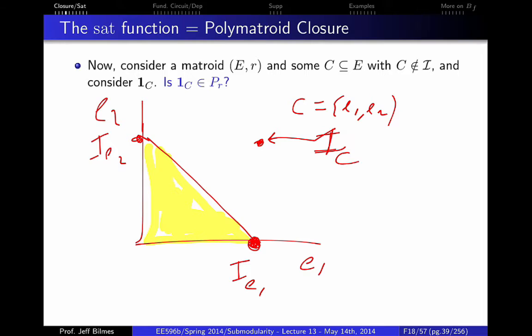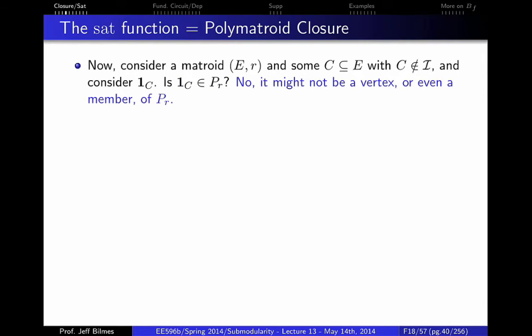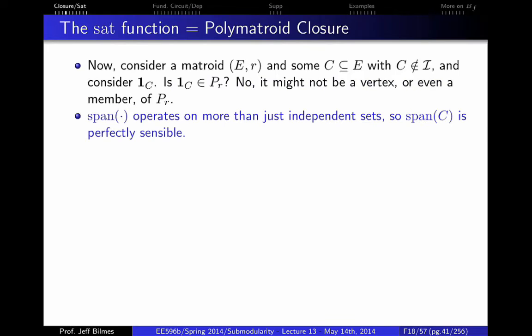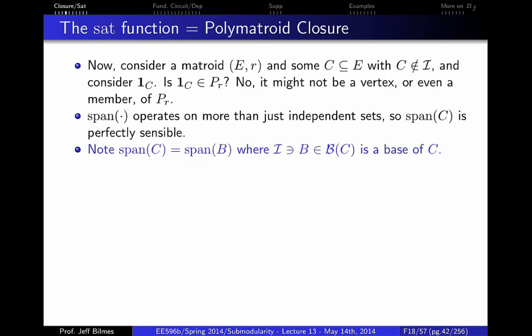So the question is, in the span case, if we want to say that SAT is equal to the span, it might not even be a vertex or even a member. It could be completely out. So span operates on more than just independent sets, because we can take the span of C in any matroid, and that's perfectly sensible, right? The span of C is anything that, when we add it to C, doesn't increase the rank, and span doesn't need to be independent.